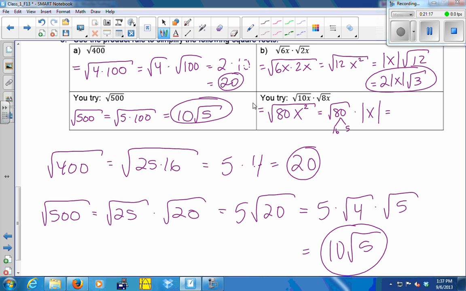So the square root of 16 is 4, and the square root of 5 is the square root of 5. So we have 4 absolute value x times the square root of 5. How is that? Any questions?